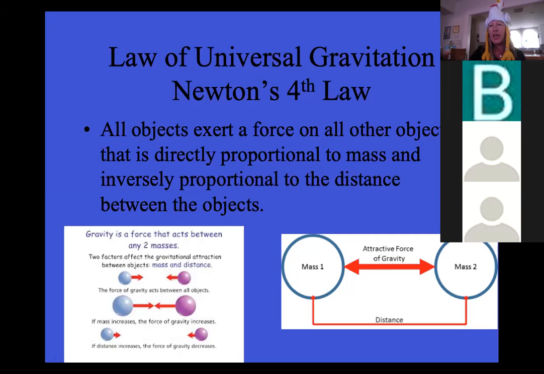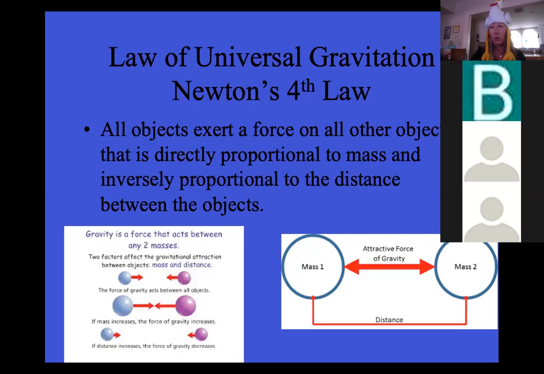If something is directly proportional to something else, then it means that when one of these properties increases, the other property increases. If it decreases, then it decreases. So it has a direct relationship.